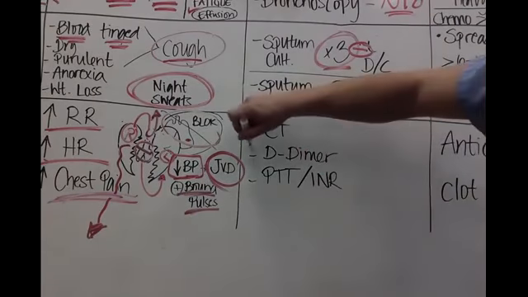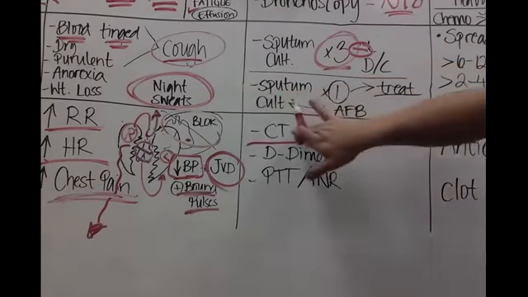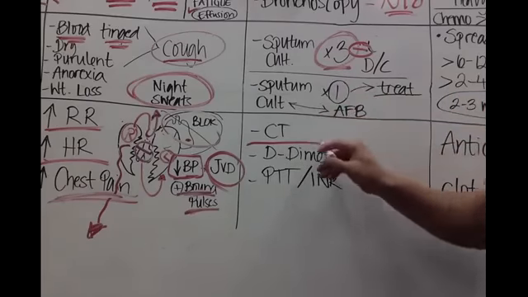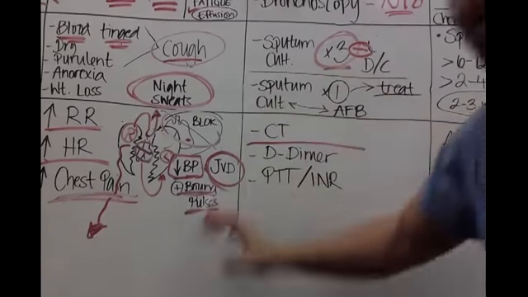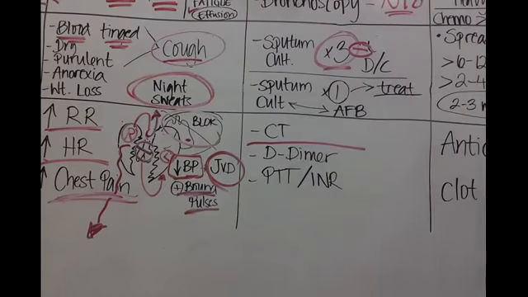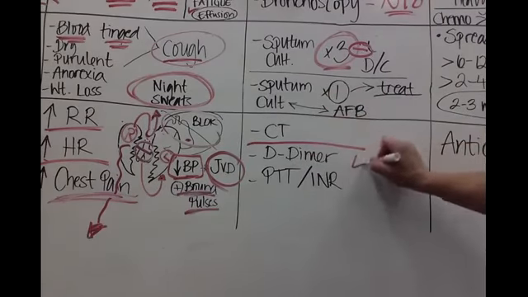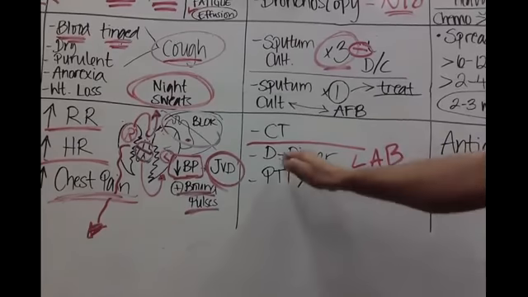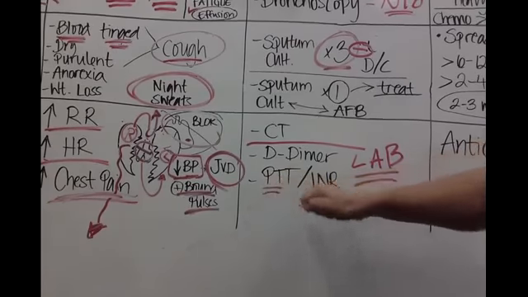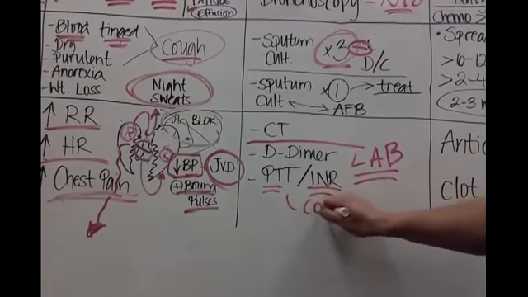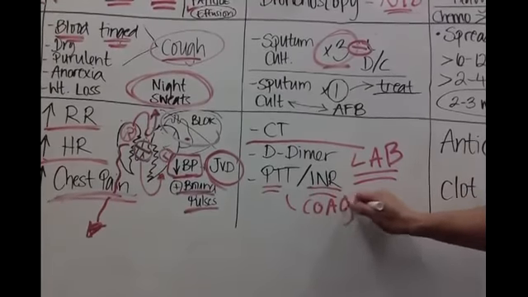If that CT shows positive, we're also going to put your patient under a heparin drip, but that's in RN management here, okay? We're also going to get the laboratory values of a D-dimer, as well as your PTT and your INR, which are your coagulating factors, or coag labs.